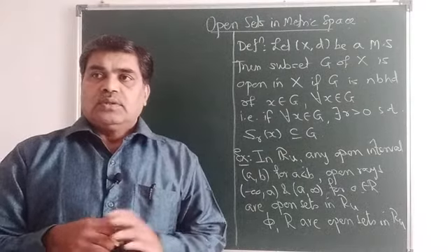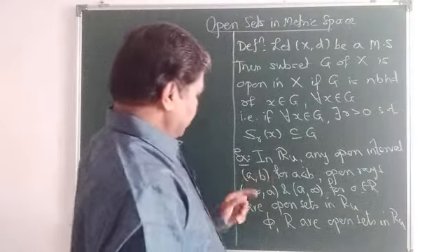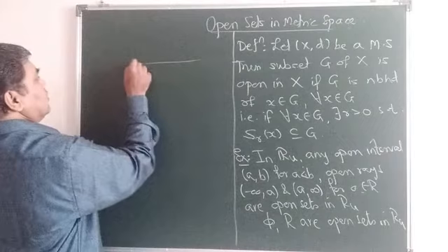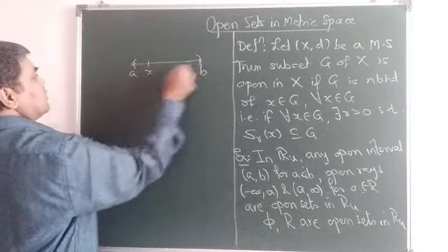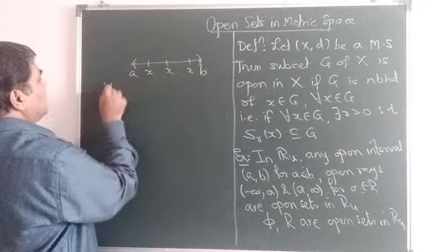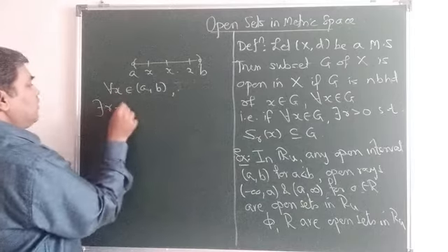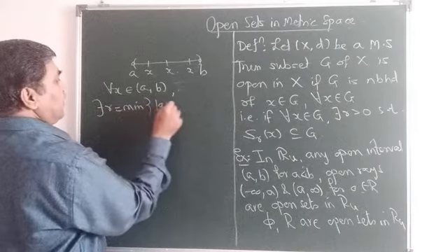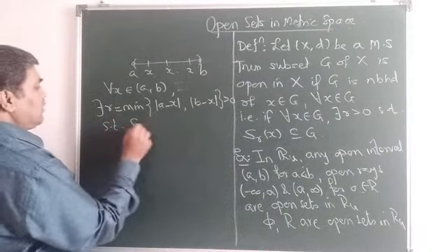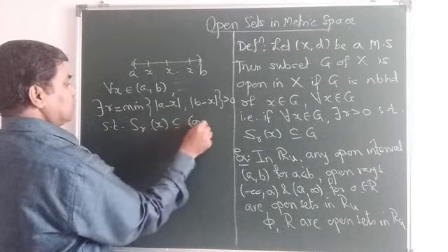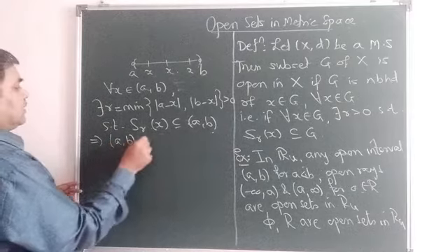Now, why is (a, b) open? If I take (a, b) on the real line, this interval, and any x belongs to (a, b), there exists some r, which is the minimum of mod of a minus x and b minus x, greater than 0, such that the open sphere about x is contained in (a, b). This implies the open interval (a, b) is open in R_U.